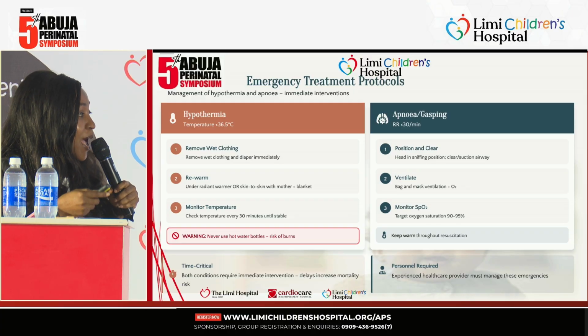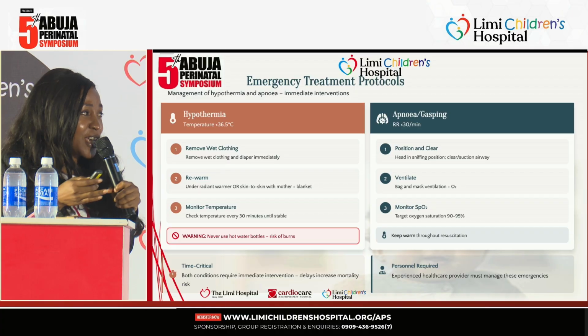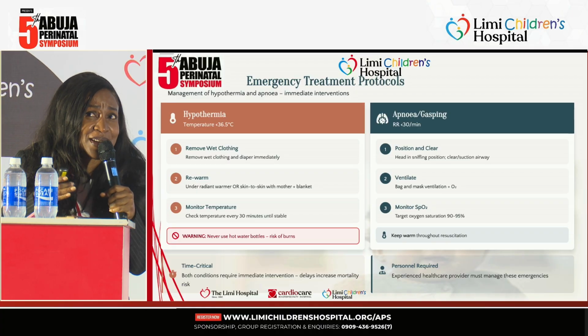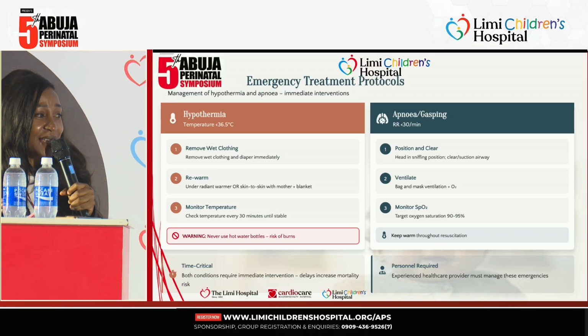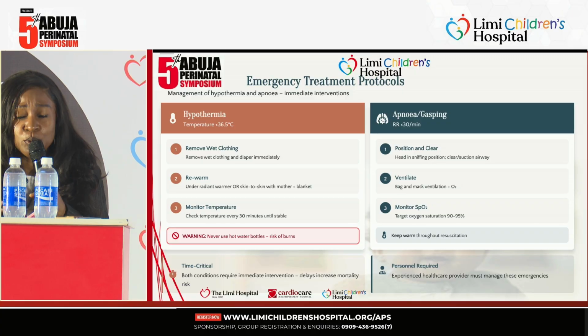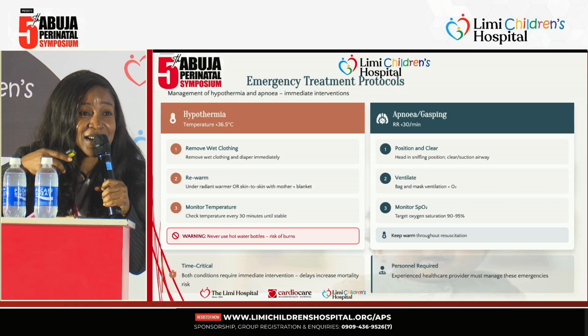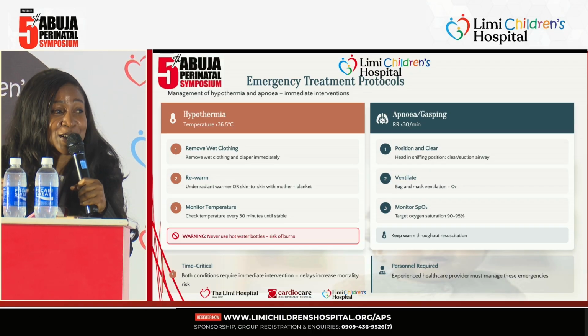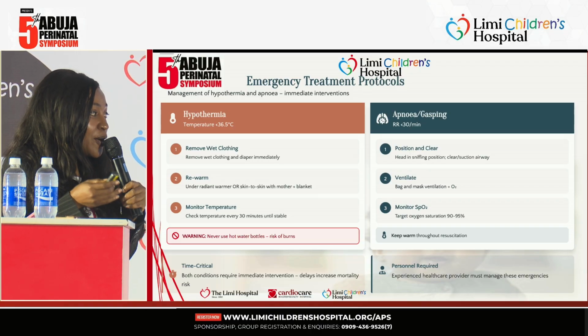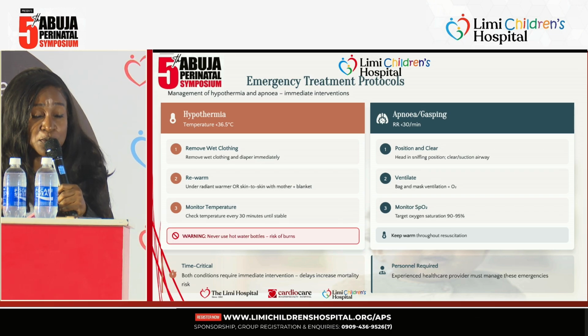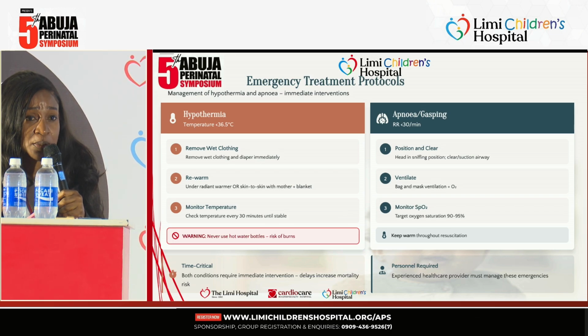And please, in a facility where there is no radiant warmer, you can get warm water in sachet water, warm it up, and put it around the baby. Please, a hot water bottle is a no-no because of the risk of burns. You don't want to hurt your babies, right?